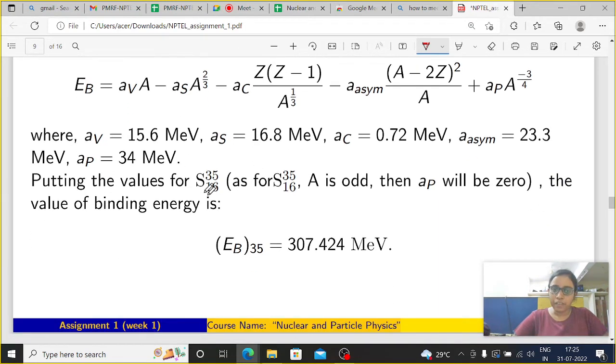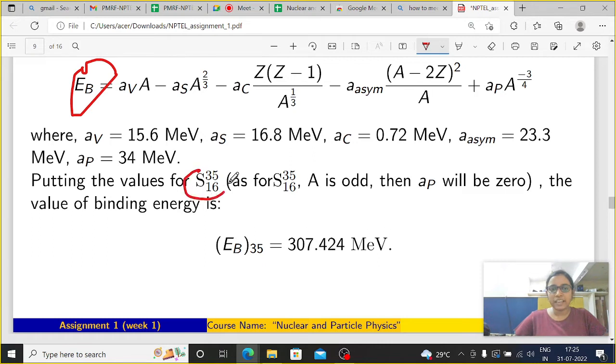So putting the values of a_V, a_S, a_C, asymmetry and a_P in that equation of E_B, we can say what will be the binding energy for S-16-35.